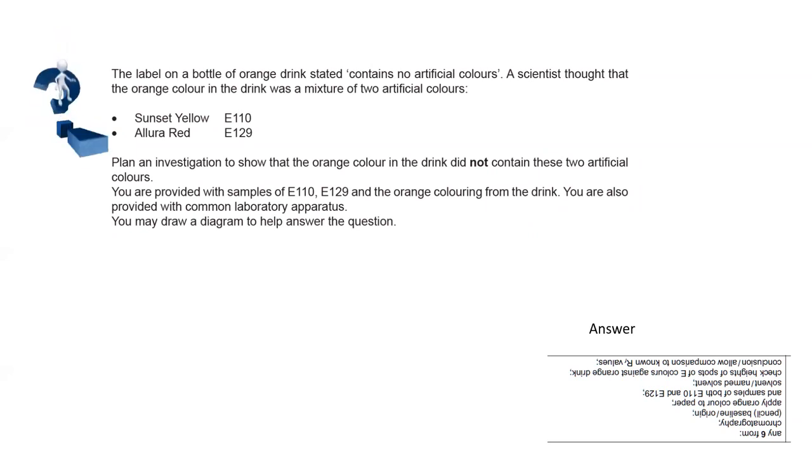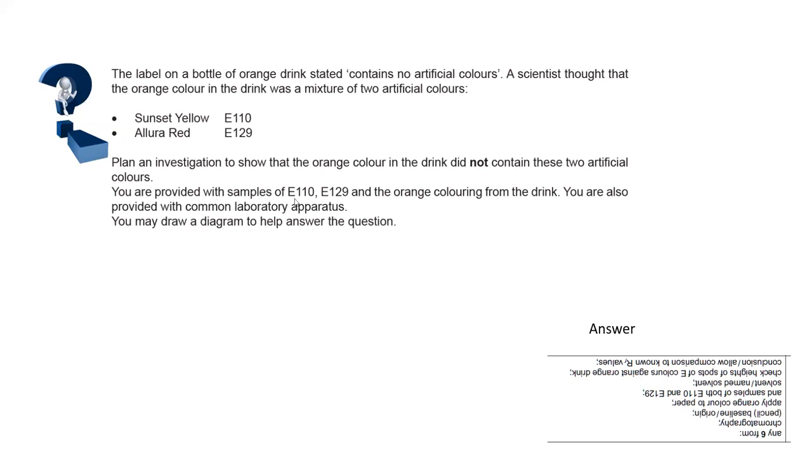So the scientist believes the orange drink has two artificial colorings, sunset yellow and Allura red. You have to plan an investigation to show the orange color in the drink did not contain these two artificial colors. So we plan an experiment to show that there is no artificial color present, such as sunset yellow or Allura red.